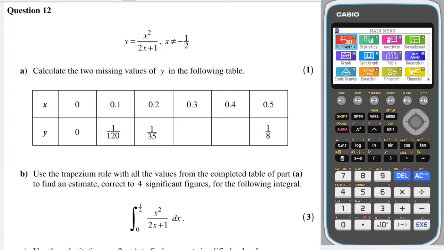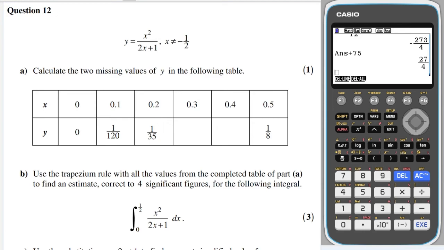Question 12, we need to fill out the missing values for y. So we're going to do that on our calculator, and we're going to do just fraction 0.3 squared over 2 times 0.3 plus 1. Okay, let's use a fraction, so 9 over 160, and then let's do the same for 0.4.